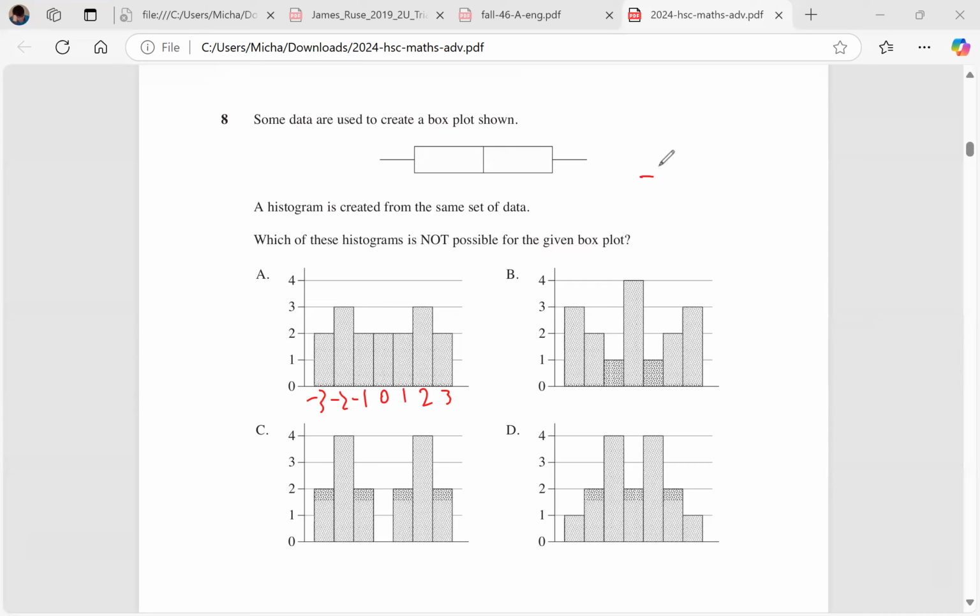So there's like -3, -3, -2, -2, -2, -1, 0.